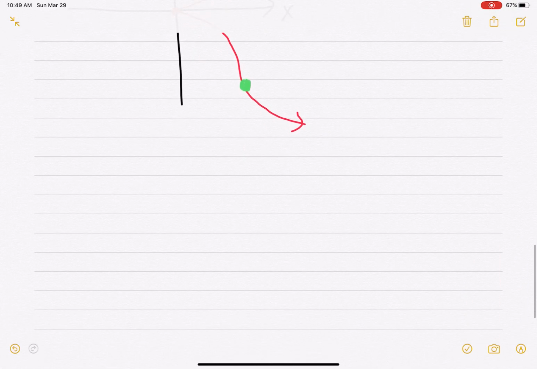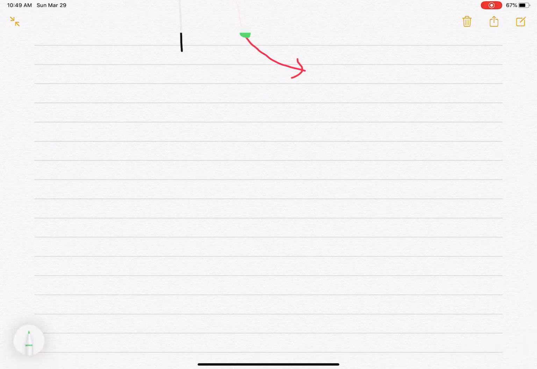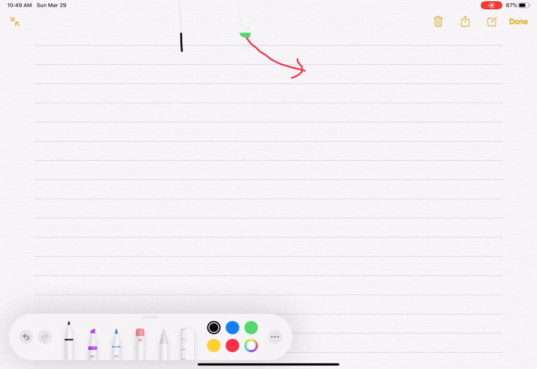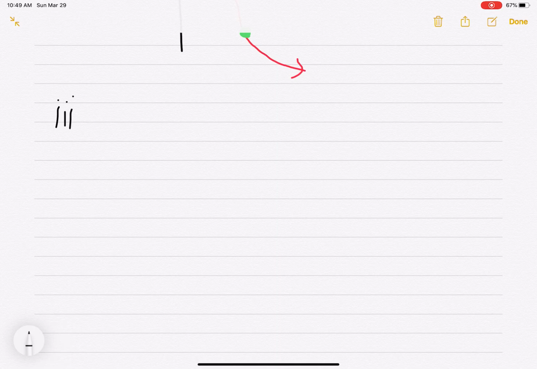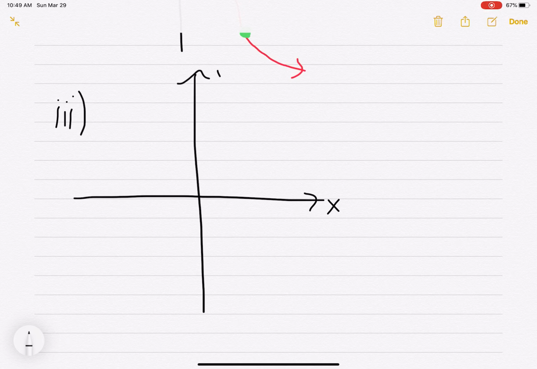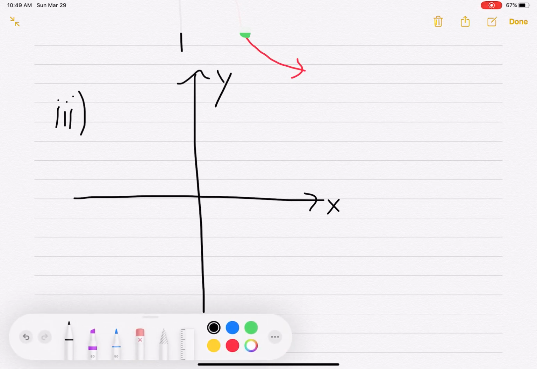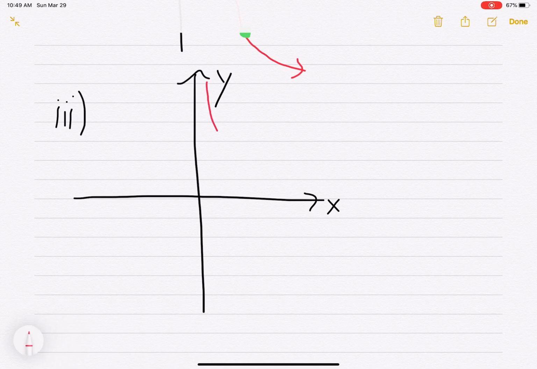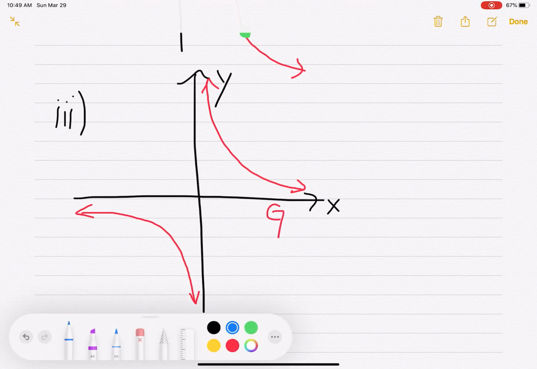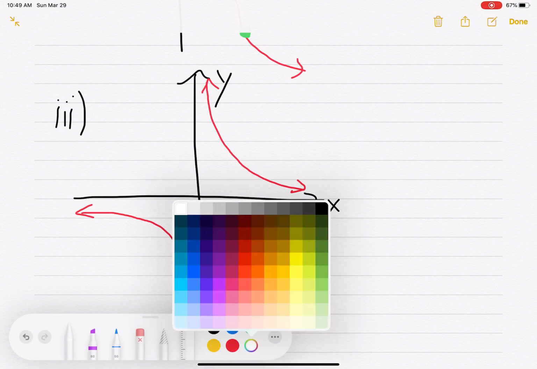Okay, let's do a number 3 here. We have an x-axis and a y-axis. And we have a little bit of graph here in the first quadrant. And another little bit of graph here in the third quadrant. We're going to call this G for graph, the red bits. So what kind of symmetry does it appear we have here? Well, it's kind of a catacorner thing, right?